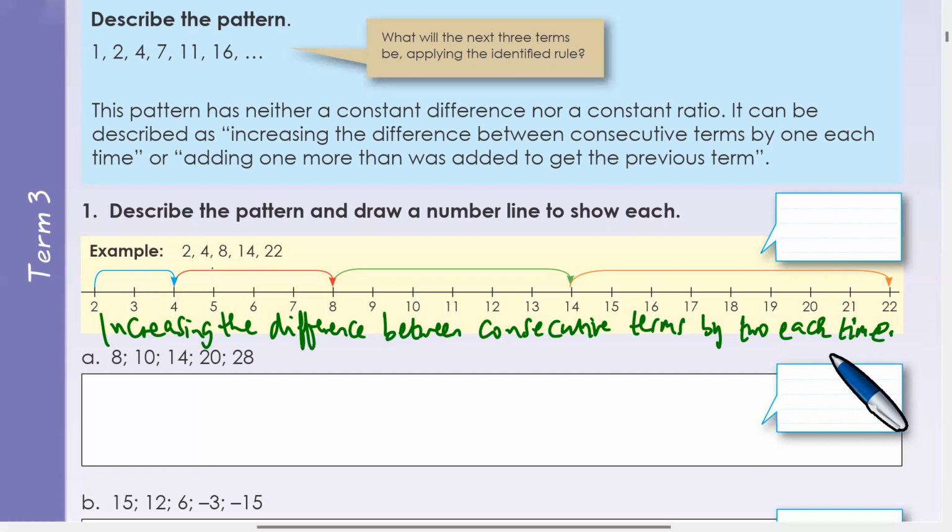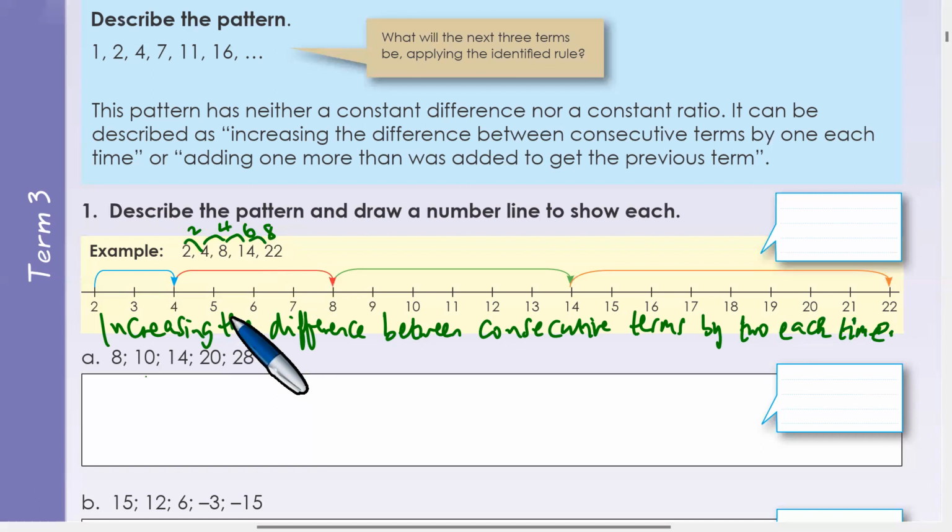Because here you add 2, and then now you increase by 2, you add 4. Here you add 6, so you just increase by 2. Here, increase by 2, you add what? You add 8. Like that.